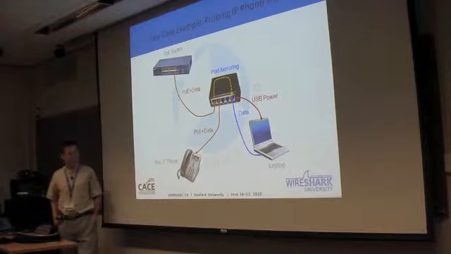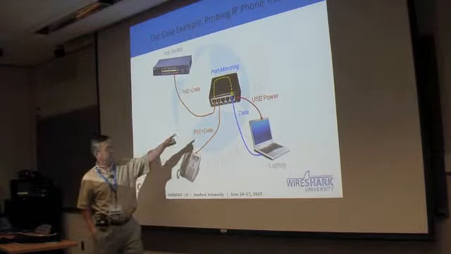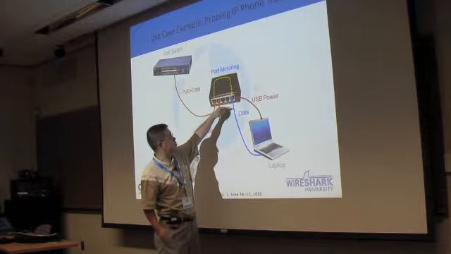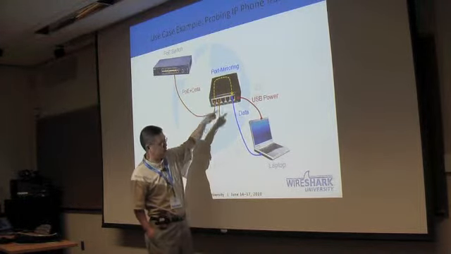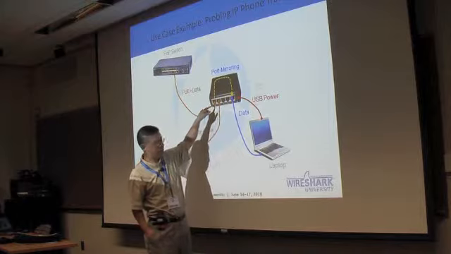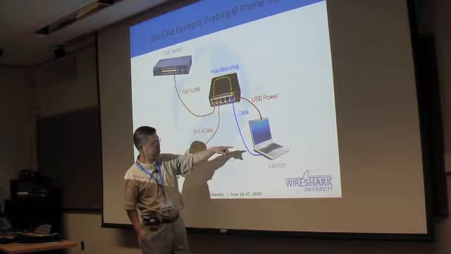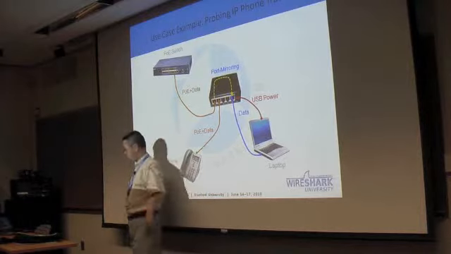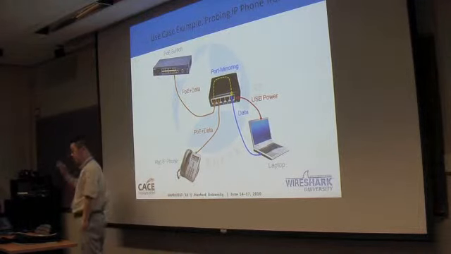And at the same time, with this connectivity here, this is the mirroring port, and this is the mirrored port, and the captured traffic can be sent to the computer, and at the same time, the computer can send and receive its own packets to get access to the network.